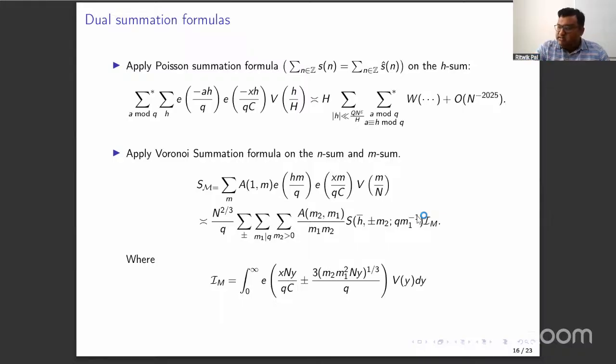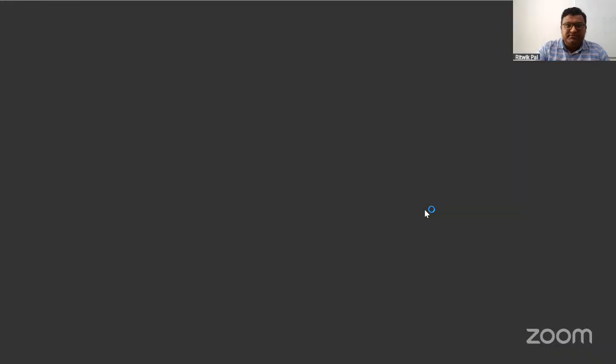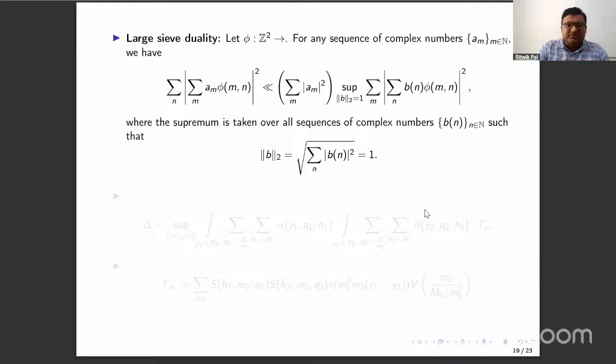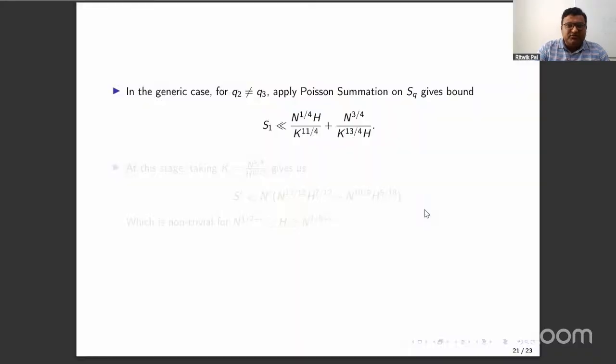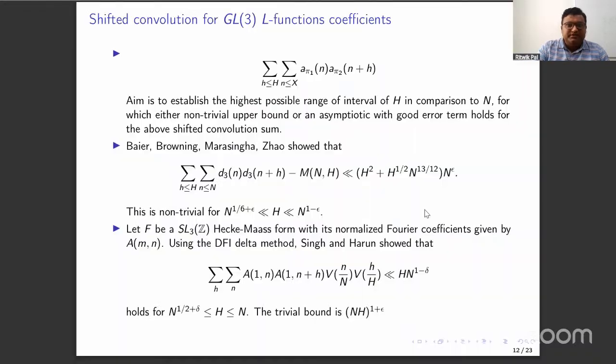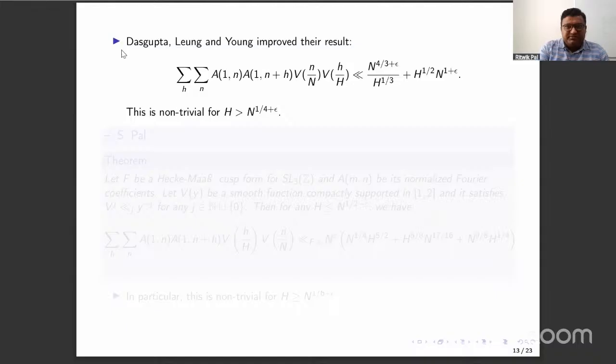You can see it in the paper of Agarwal, Liang, Munshi, or you can see the paper by Dasgupta, Liang, Yang. What they mentioned, Dasgupta, Liang, Yang.